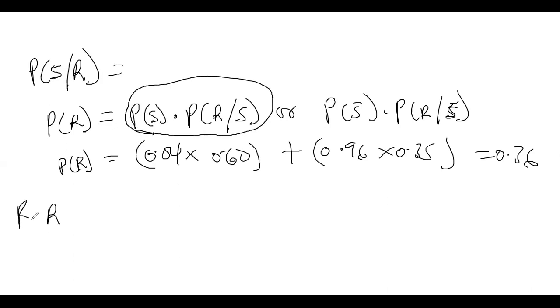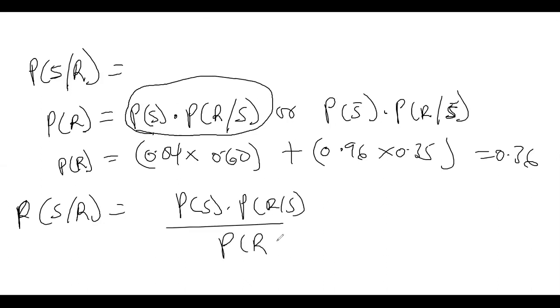So the probability of S based on R will be the probability of S times the probability of R based on S, all over the probability of R. So this will give us 0.60 times 0.04 divided by 0.36, okay?